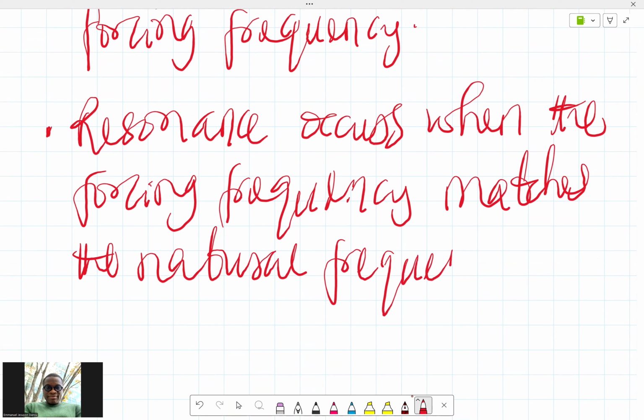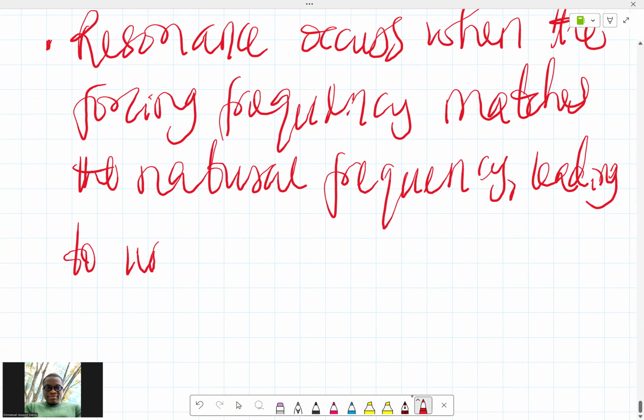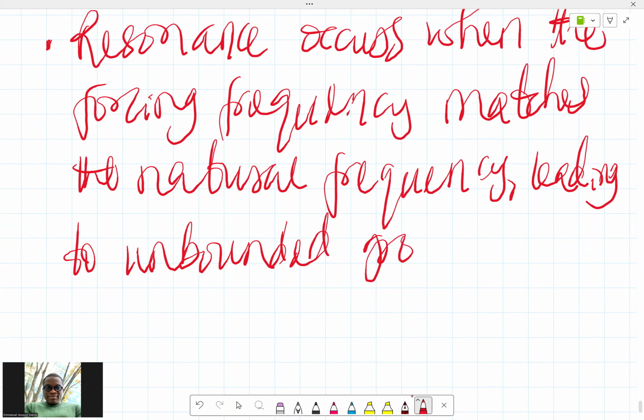So the natural frequency in that system was omega naught, and the forcing frequency was the omega that is in the forcing term. So leading to unbounded growth, as you can see, we got infinity, leading to unbounded growth in the amplitude.